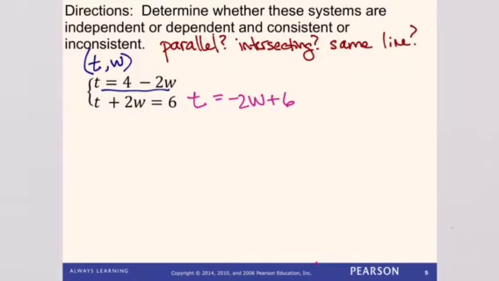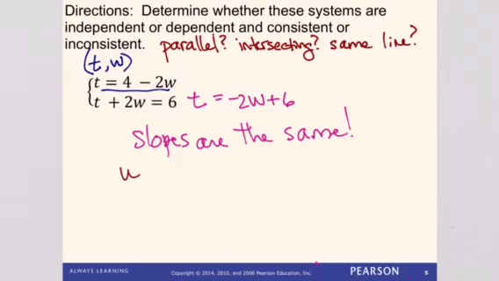So you'll notice here, slopes are the same, right? So that means they're either parallel or they're the same line. So the thing we have to ask ourselves is, what about the y-intercept?